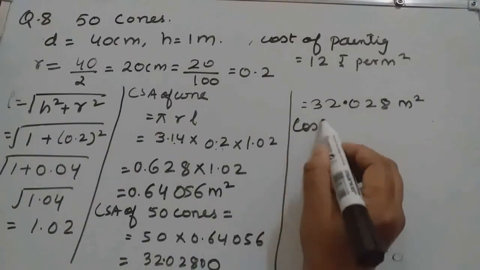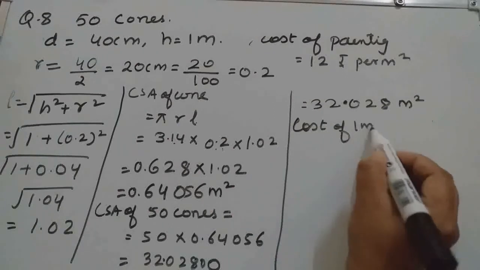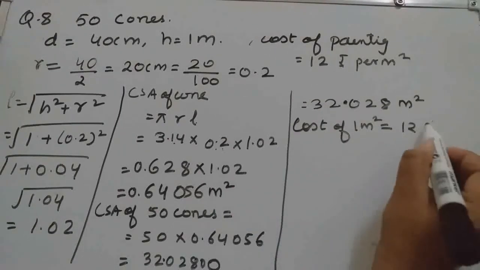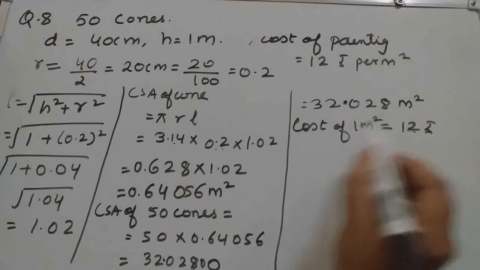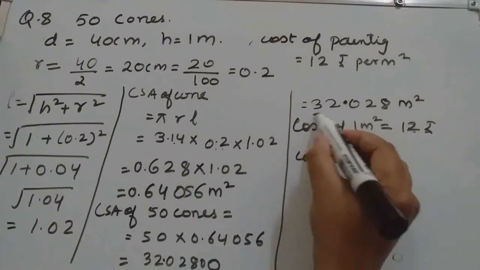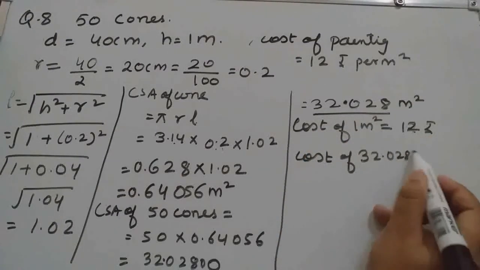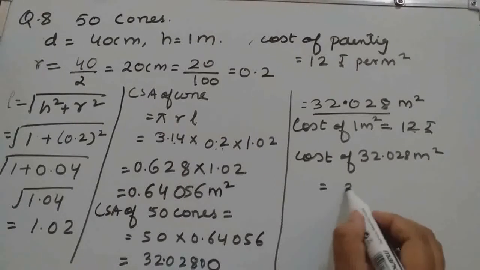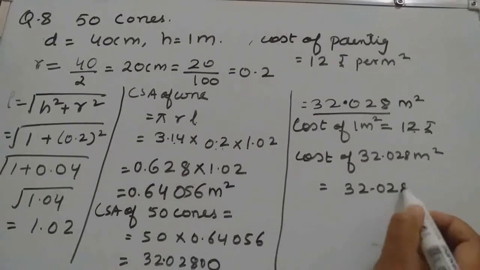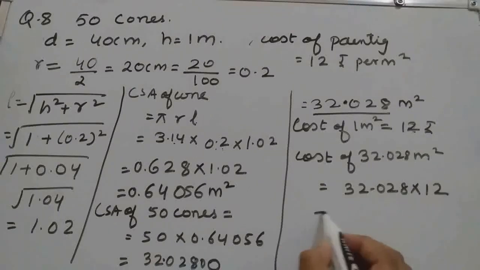Now cost of 1 meter square is 12 rupees. So cost of 32.028 meter square will be, we should multiply, isn't it?